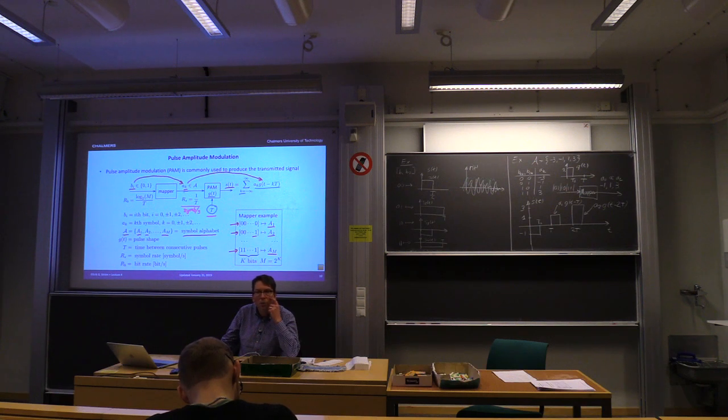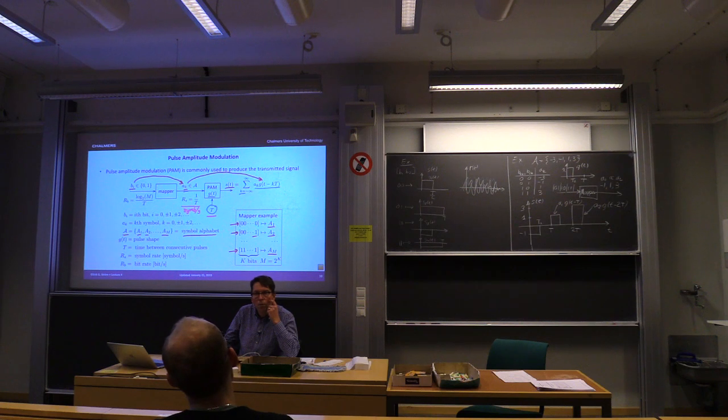Okay. How many bits per second do we transmit? Well, that depends on how many bits we transmit per symbol, right? We know the symbol rate. It's 1 over T. How many bits do we transmit per symbol? Well, that depends on how many signal alternatives we have.